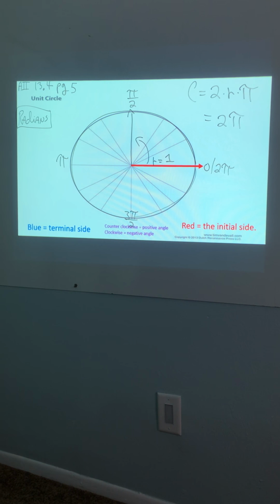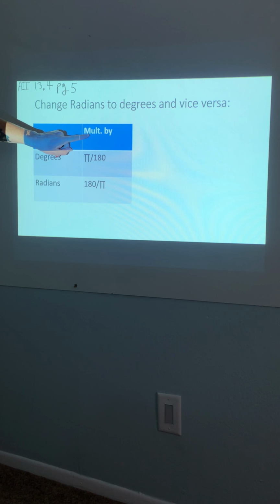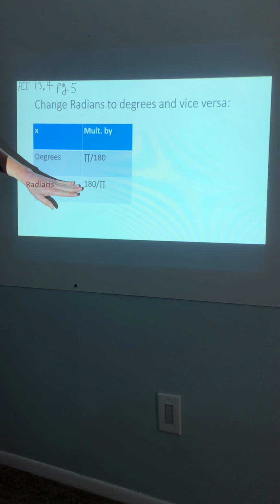If they give you the angles in degrees, you multiply by pi over 180 to put it into radians. If they give it to you in radians, you multiply by 180 over pi, and you'll get the answer in degrees. Then we're going to try out a few. Copy that down.